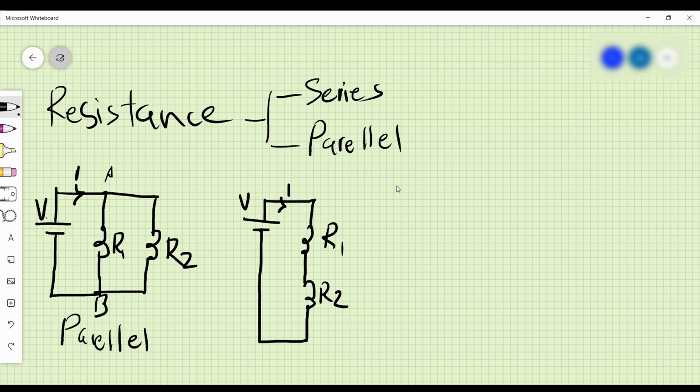Now let's say you want to find out, in Ohm's law, what we see is V equals IR. Now this IR, in this case, let's write it for parallel. In this one I would say R equivalent. So what's my R equivalent here?